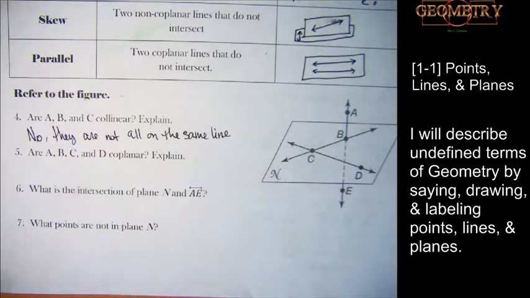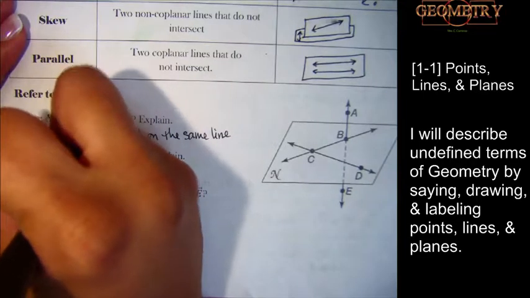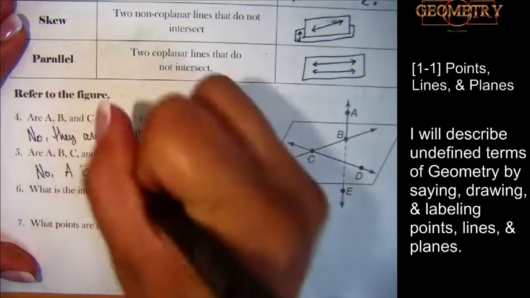And then we've taken this line with A and E and we've shoved it through the plane at B, and A is the eraser of the pencil. Right? A is not on the plane. It's not here on the piece of paper. It's floating out here somewhere. Non-coplanar. No. A is not on the plane.